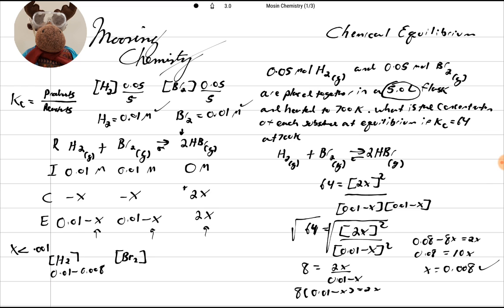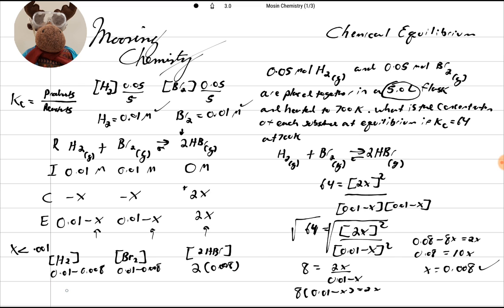Box that just to make it look neater. 0.01 minus 0.008, yep. And then, of course, for 2HBr, it's simply going to be 2 times 0.008. All right, let's get this done.